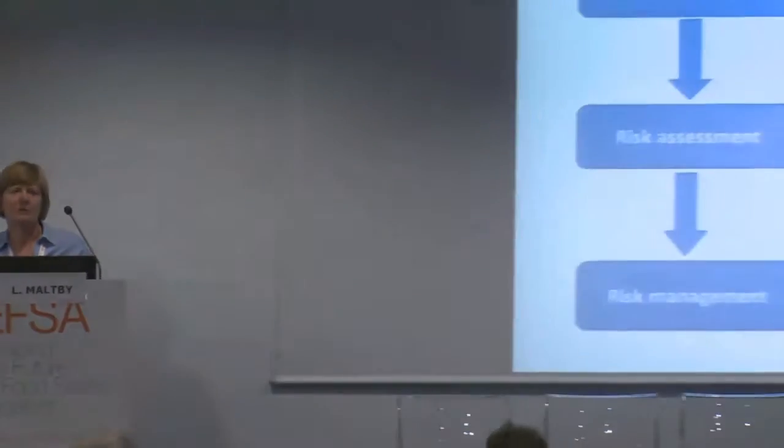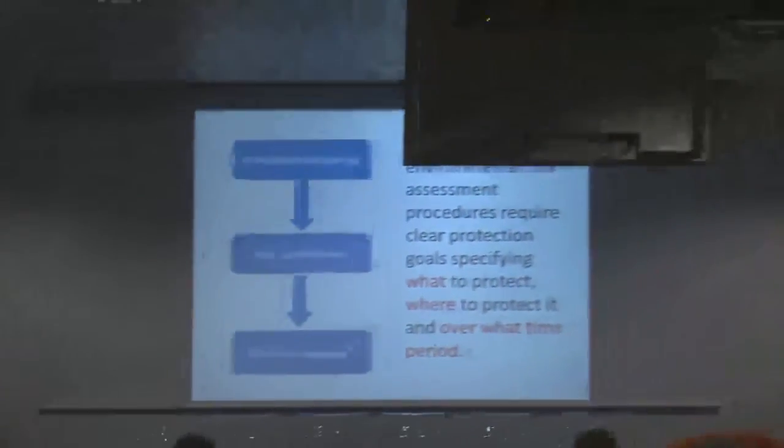So what I want to do today is to really carry on from where Alan left off and focus us down on protection goals, and in particular the role that ecosystem services may play in helping us operationalise those protection goals. So we know that we need clear protection goals to have robust and efficient risk assessment.